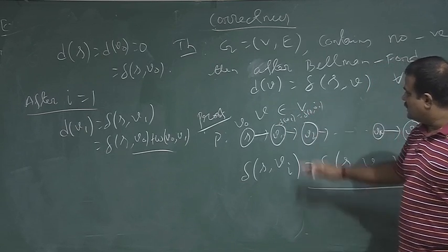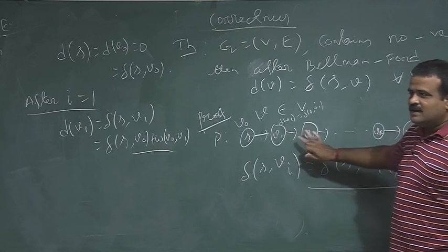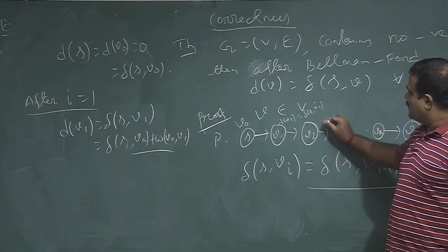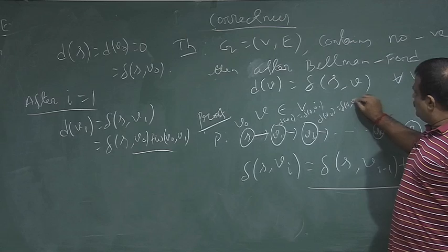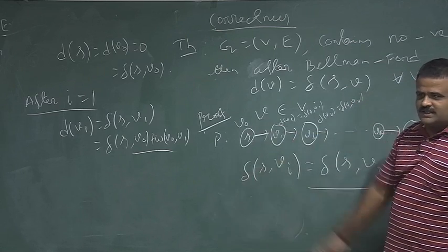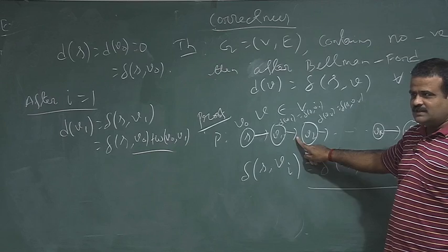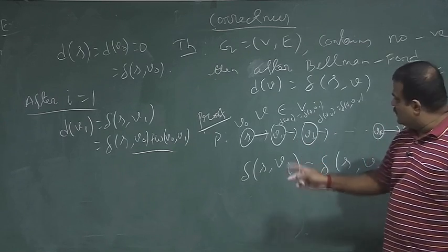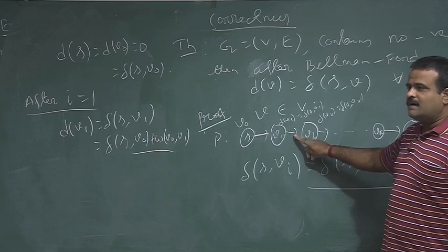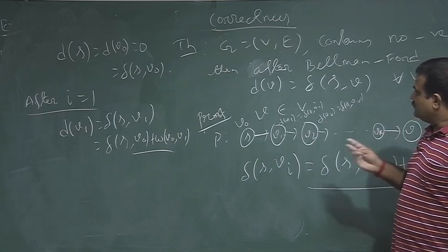So after the first pass, this d value will be delta of S comma v1. Then after the second pass, i is equal to 2, this d value will be delta of S comma v2, because this edge is also an edge in the graph. This edge number may not come immediately, but it will come, and once it comes, it will update the d value by the delta.